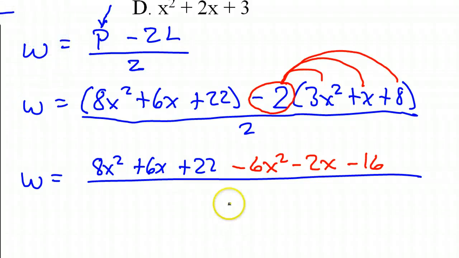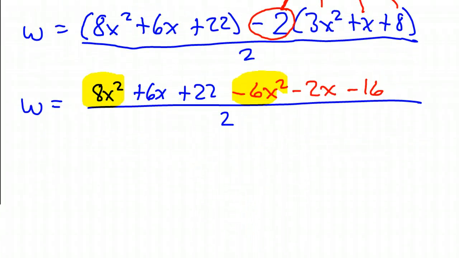Don't forget. Alright, but let's go ahead and combine our like terms now. So like terms, I've got 8x squared and minus 6x squared. Put those together and I get 2x squared.